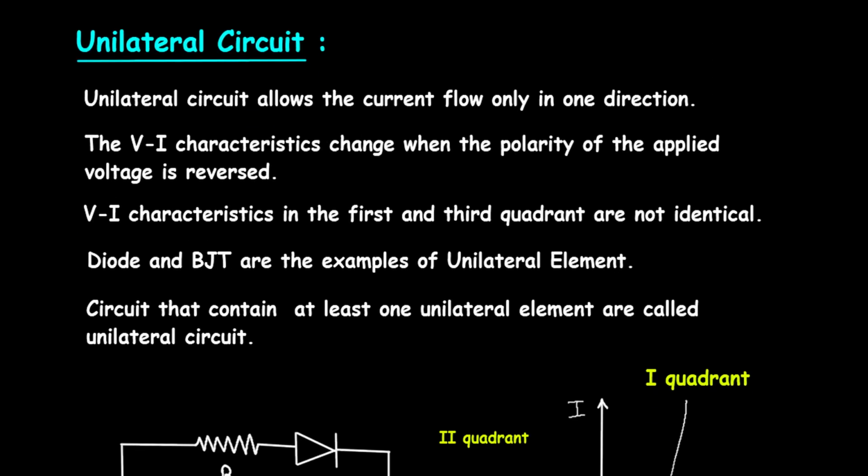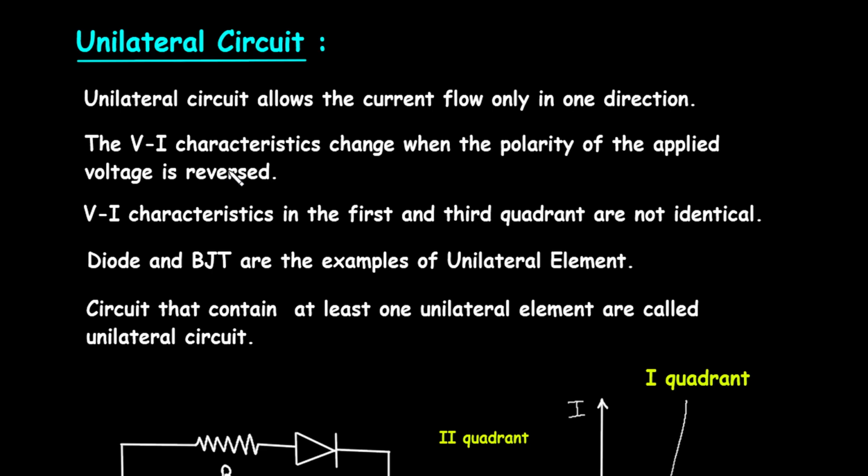Next we will see unilateral circuit. A unilateral circuit allows the current flow only in one direction. Uni means one. The VI characteristics change when the polarity of the applied voltage is reversed.